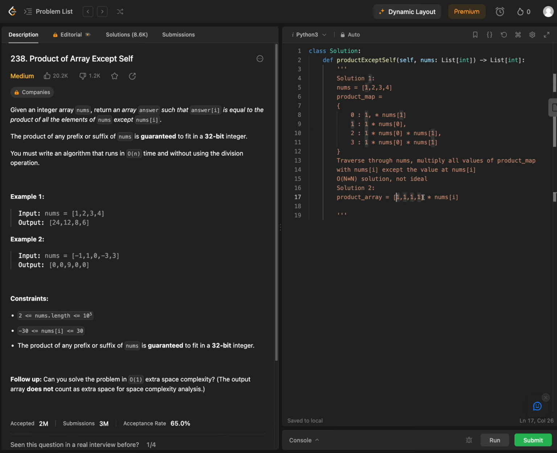You have 1 1 1 1 and then you multiply it by nums I. And then you divide, but you cannot use the divide.